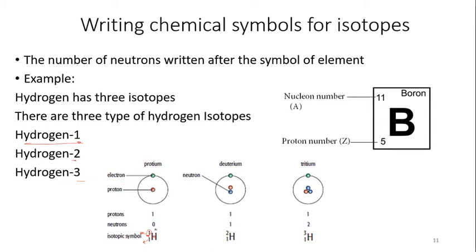For hydrogen 1, this means I have 1 proton and no neutrons, which is protium. For hydrogen 2, this means I have 1 proton, 1 neutron and 1 electron, and we name it deuterium. For hydrogen 3, it has 2 neutrons, 1 proton and 1 electron, and the name is tritium.